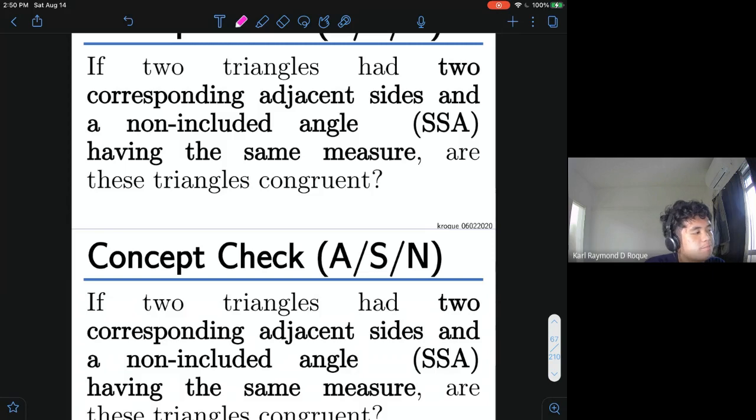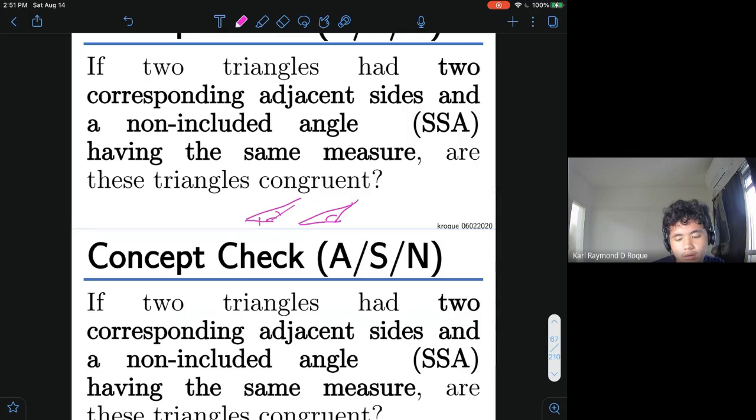What do you guys think? Ito raw, corresponding adjacent sides. Non-included angle.